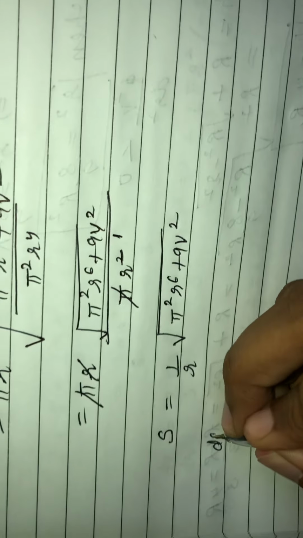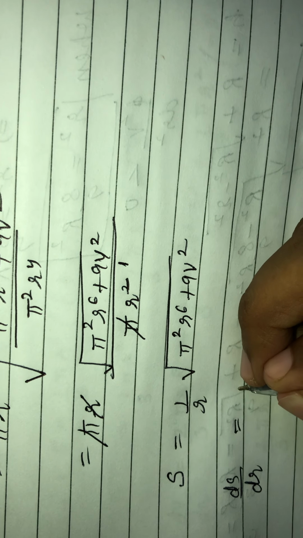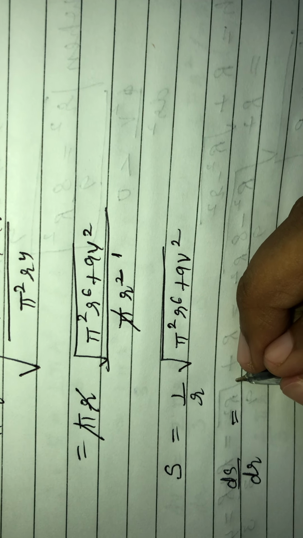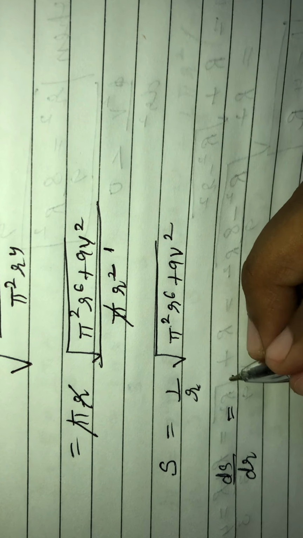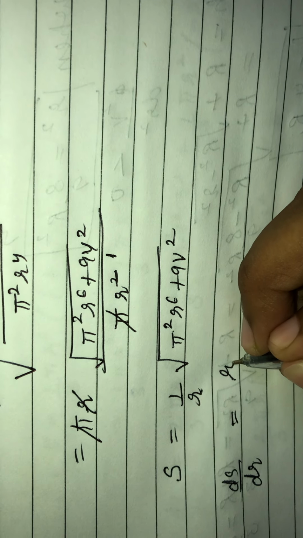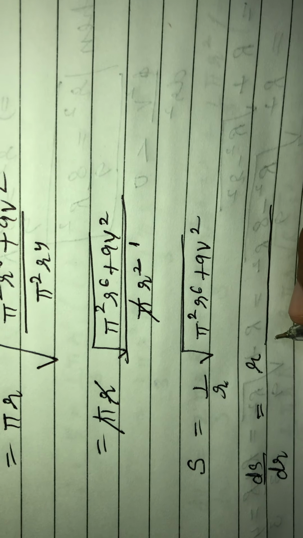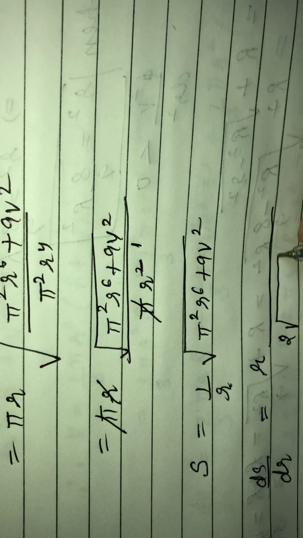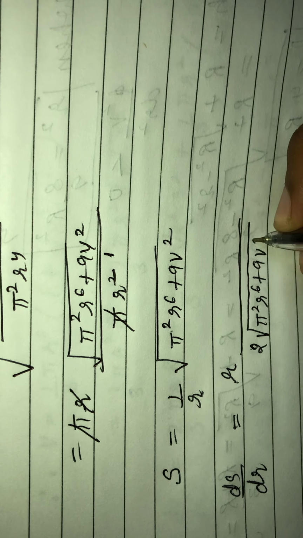Right, now I have not calculated the first derivative. Now dS by dr will give you, apply the quotient rule, because this upon this with respect to r I want to do. So r, I take as it is, 1 upon the root will be 1 upon 2 root of π² r⁶ + 9V².